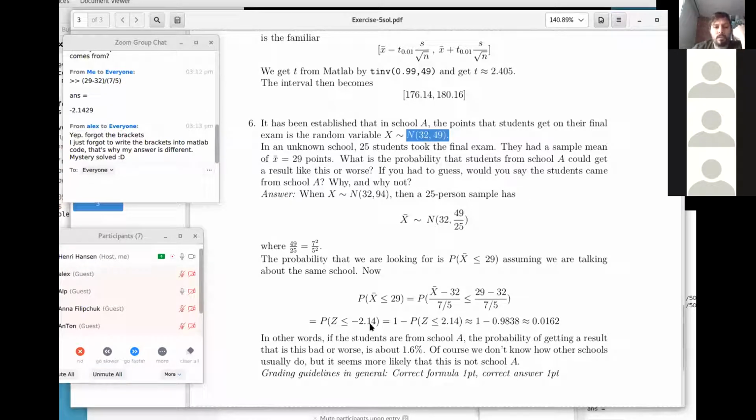You could do this for this school, and then you could have the probability that it's not in A, and the probability that it's somewhere else. You could use Bayesian analysis to come up with a more reasonable answer to this question.